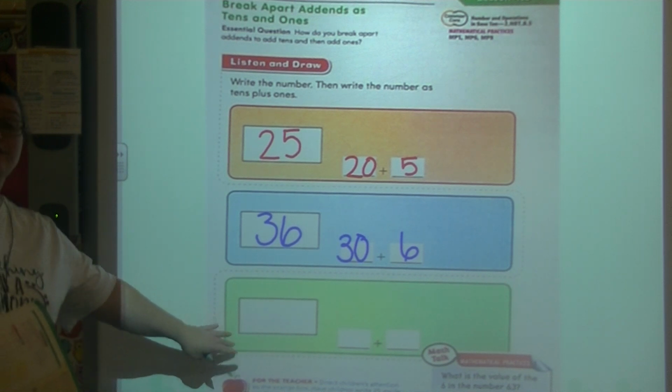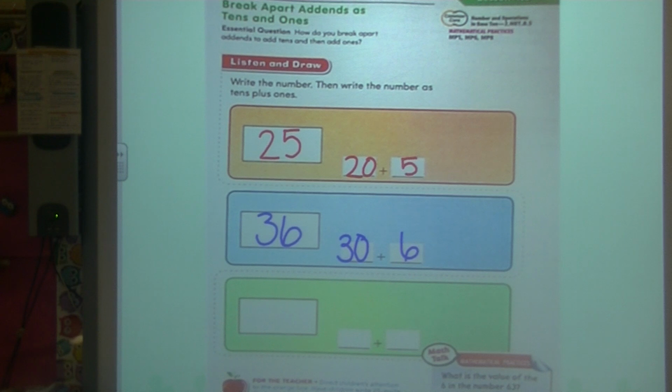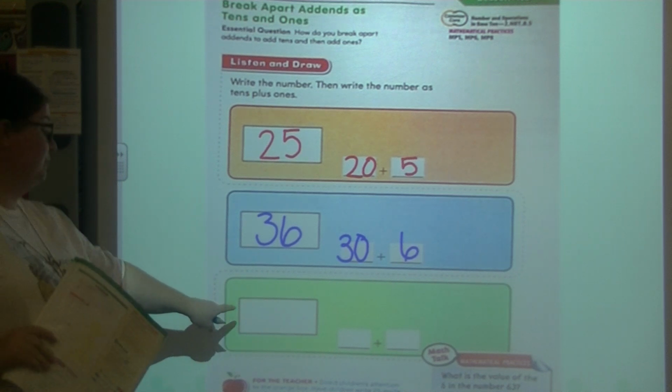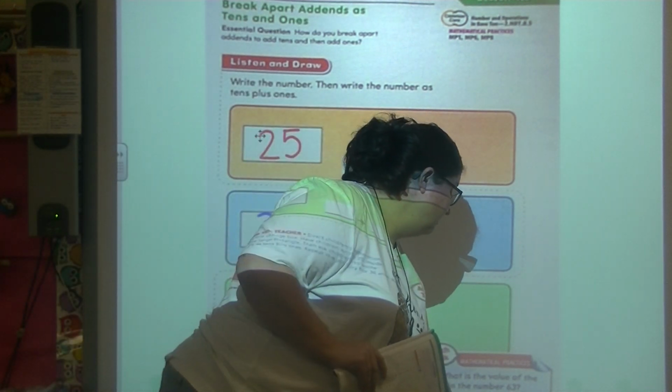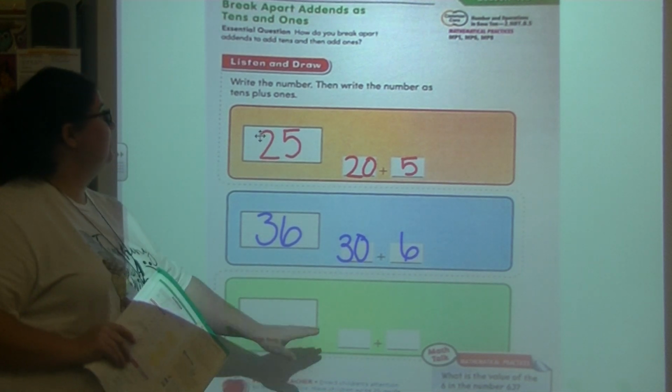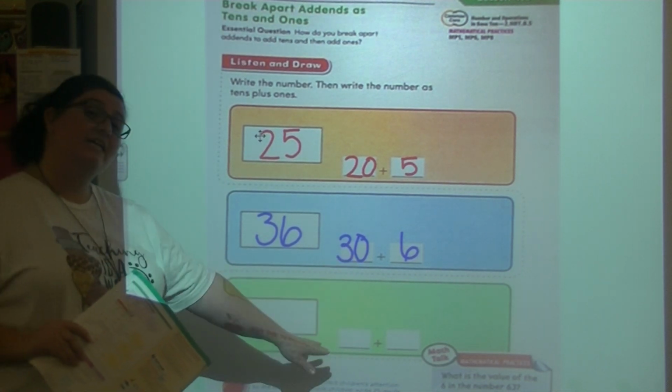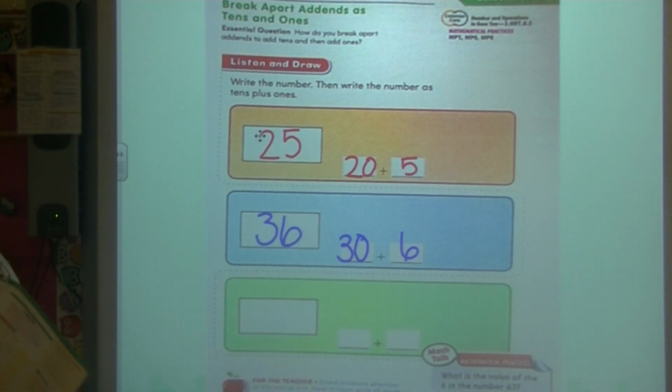Gray, but pretend yours is green like mine. All right, write the number 42. And then I want you to divide it up into tens plus ones.